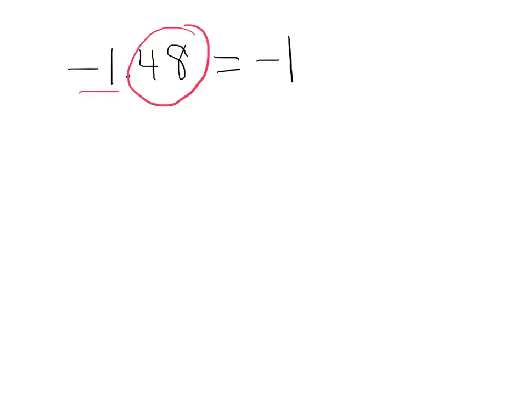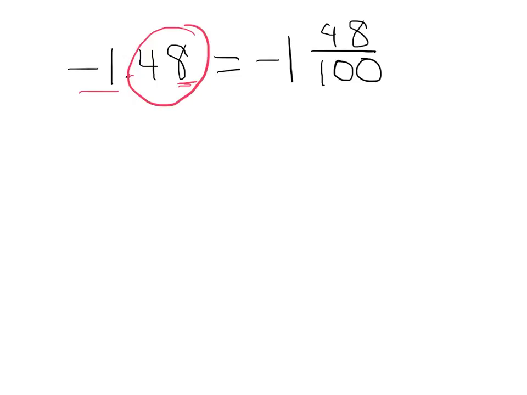Let's try one. So let's say I have a negative 1.48. So again, I see I have an integer here, so I'm going to rewrite my integer. So I have a negative 1, and then I'm going to take this 48 hundredths, because my 8 is in the hundredths place, so I can use 100 as my denominator, and I have 48 in my numerator.